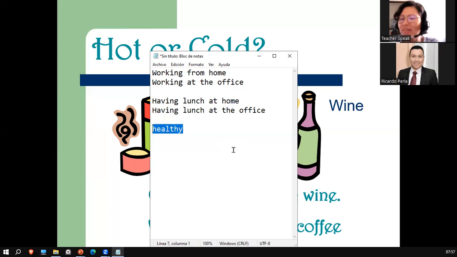Correct. So what would be the sentence? When I work home office is healthier than work office.